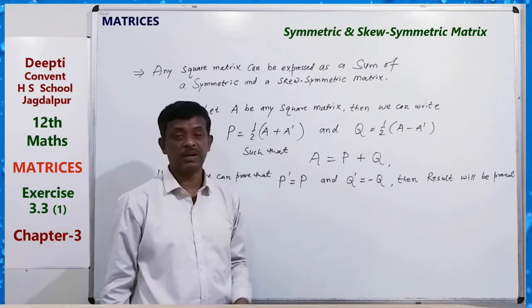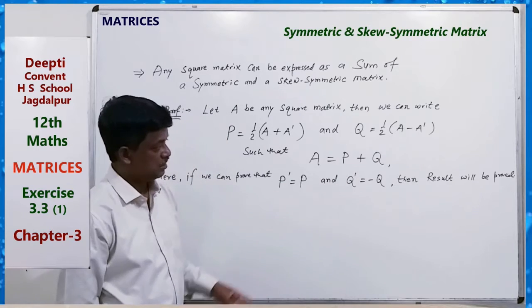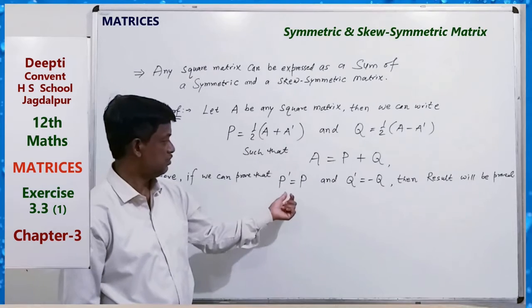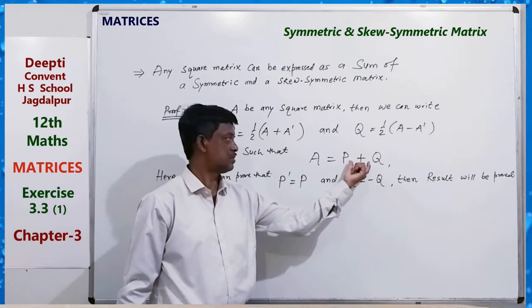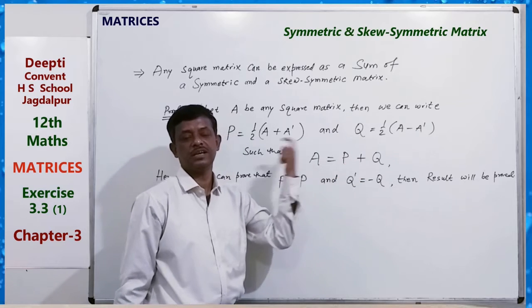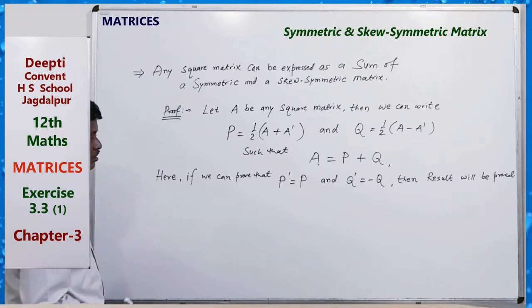Q dash equals minus Q means skew symmetric. So the result will be proved. This is symmetric, this is skew symmetric. So the sum of symmetric and skew symmetric is equal to A. So the result is proved.